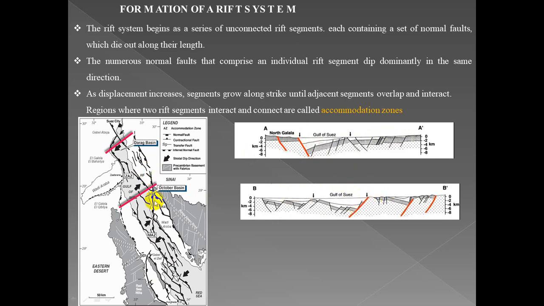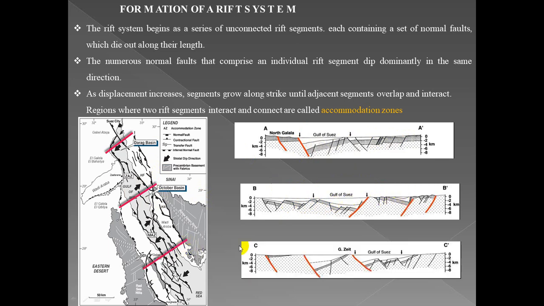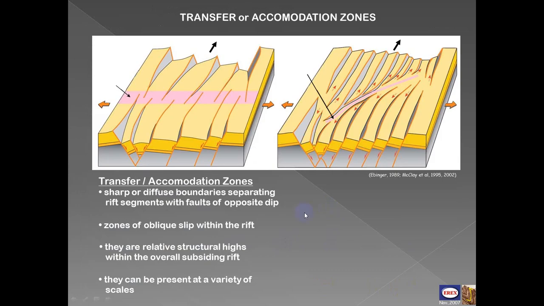The main fault becomes on the eastern side, and all of the bedding dips in the opposite direction like here. The last section is here. We have the main fault towards the west and all strata tilted, beds dipping towards the west. That's a case example of how two rift segments link together by what's called an accommodation zone.